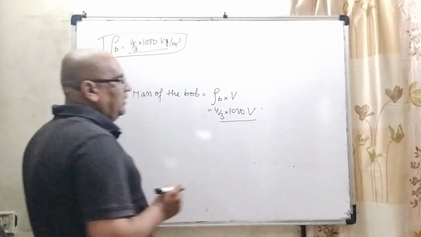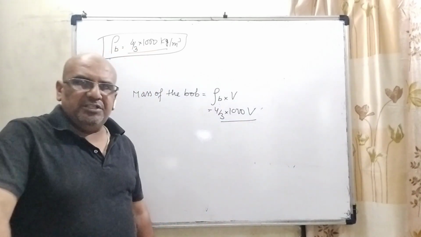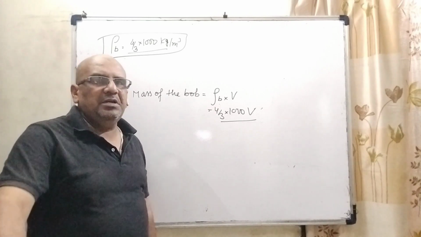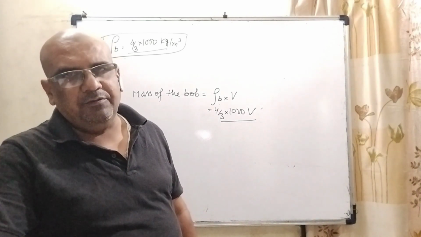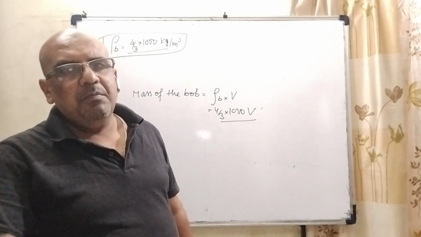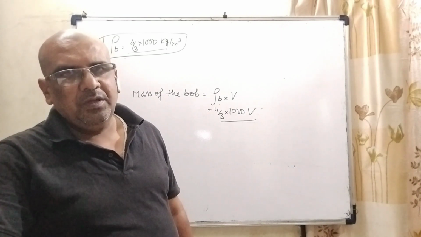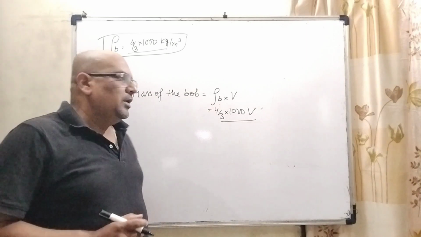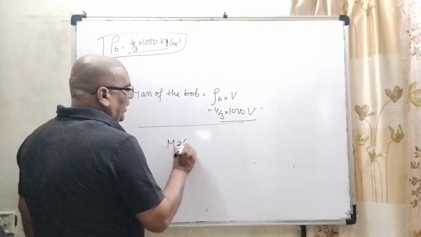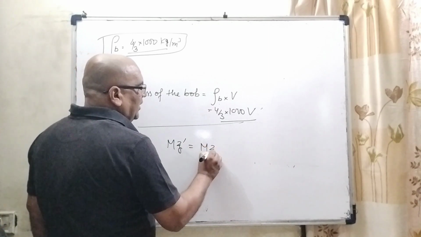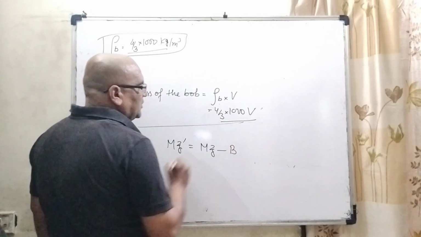Now apply Archimedes principle. We know what Archimedes principle is: when any object is fully or partially immersed in a liquid, its weight gets reduced by the weight of liquid displaced by it, or we can say buoyant force. So here, apparent weight is the actual weight of the bob minus buoyant force.